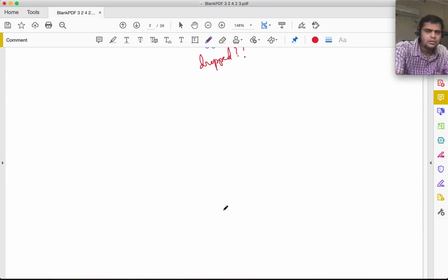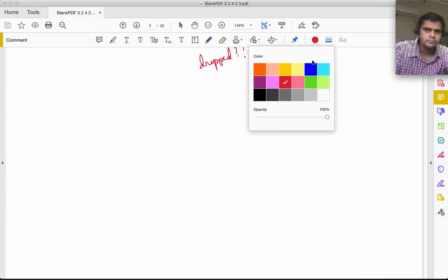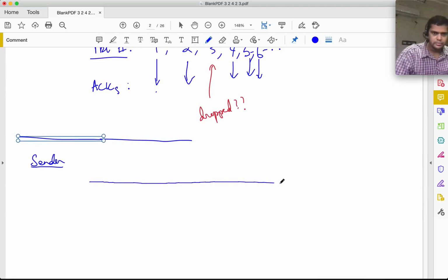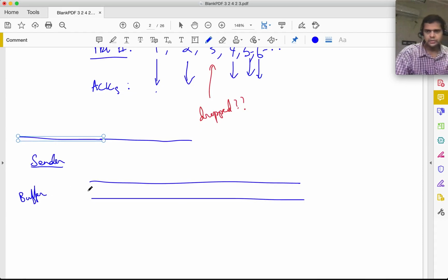So let's go through the basic mechanism of what exactly TCP does. Let's see what exactly the sender does. So this is the sender, and suppose this is a buffer at the transport layer at the sender.